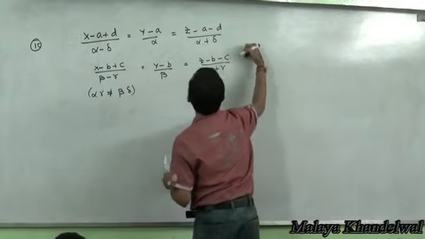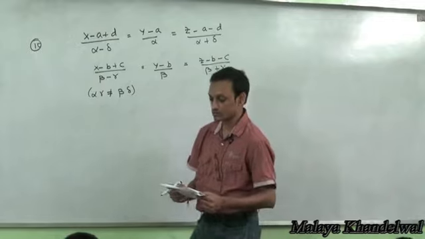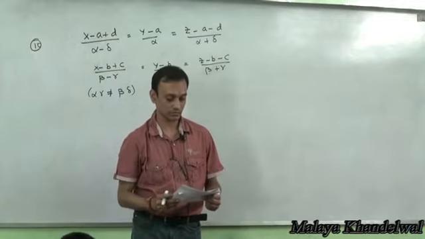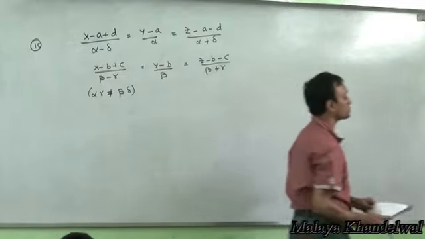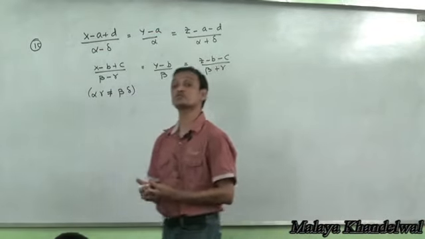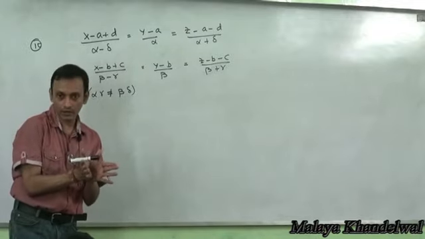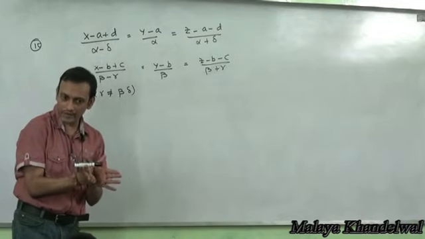This is line 1, this is line 2, and they're known to be coplanar, and it's given that alpha gamma is not beta delta. You need to find the equation of the common plane between these 2 lines, right? If 2 lines are coplanar, you can find the equation of the common plane.